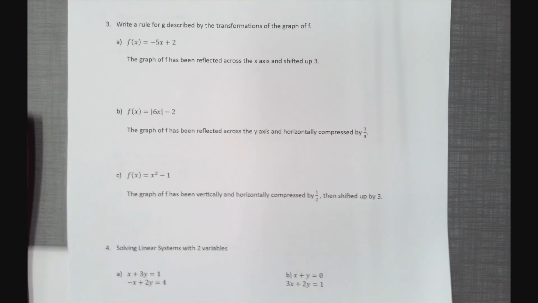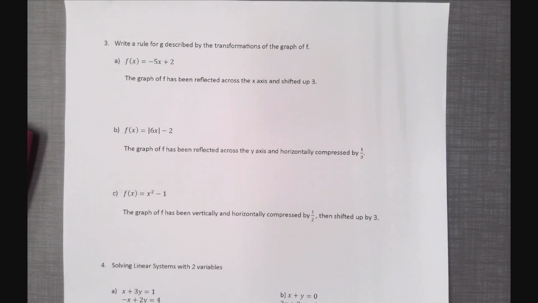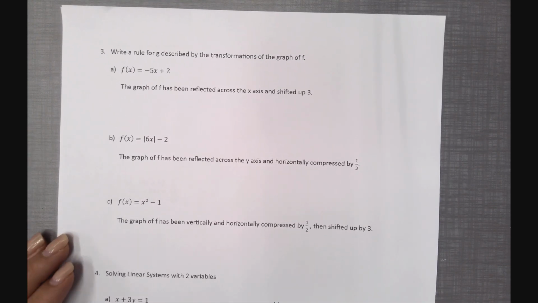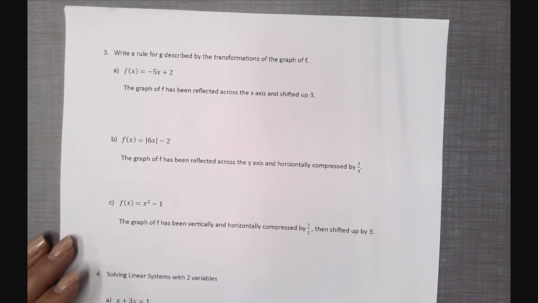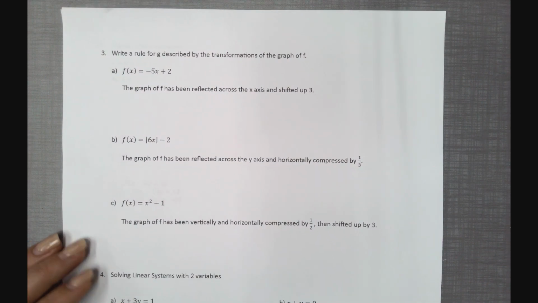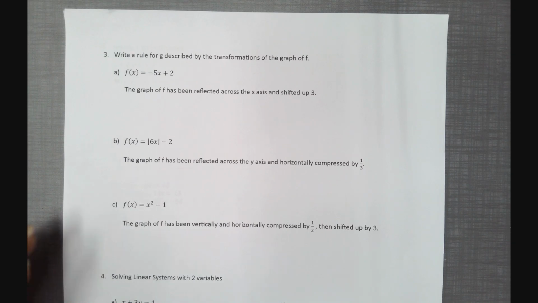For question number 3, this is asking us to write a rule g of x described by the transformation of the graph of f. This is where they're giving you an equation that has already been transformed, and they want you to continue transforming it. Just like we did previously, I am going to ask you to do a quick little table and start with a different original.